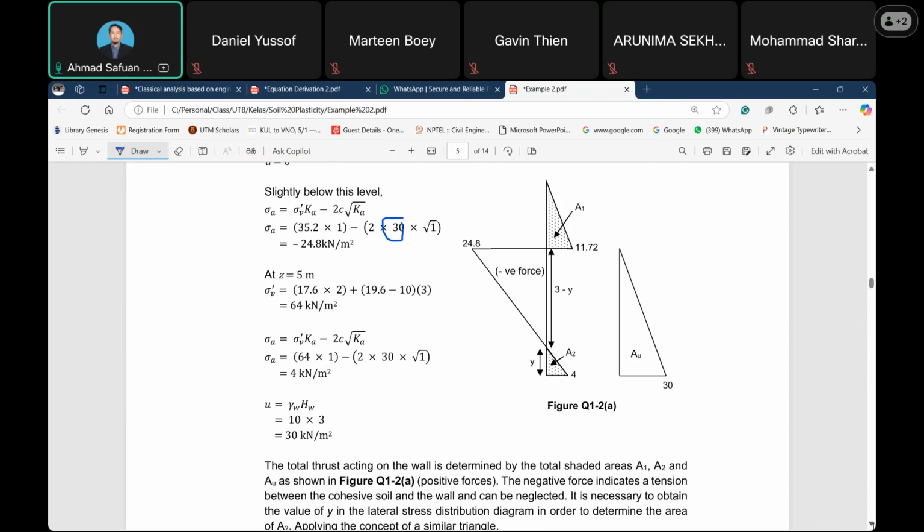When we consider the pore water pressure, in this case the author used the value of 10 to represent the unit weight of water. In our previous example, we used 9.8.